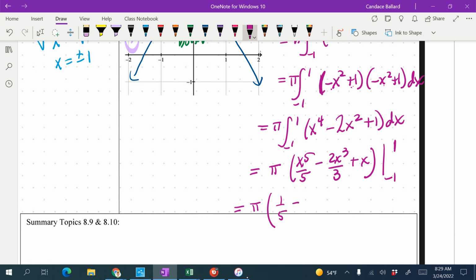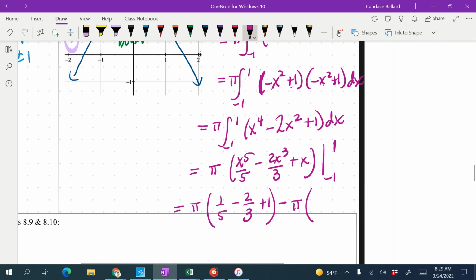Minus 1 cubed is 1, so minus 2/3, and then plus 1. And then we're going to subtract pi times the negative 1 plugged in. Negative 1 to the 5th would be negative 1/5. Negative 1 cubed would be negative 1 times the negative 2 would be positive 2/3, and then minus 1.